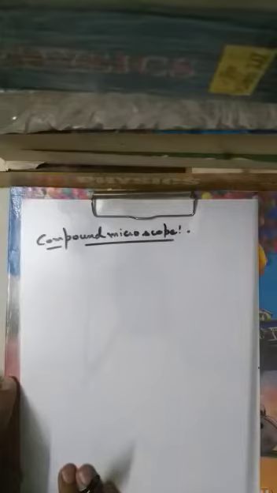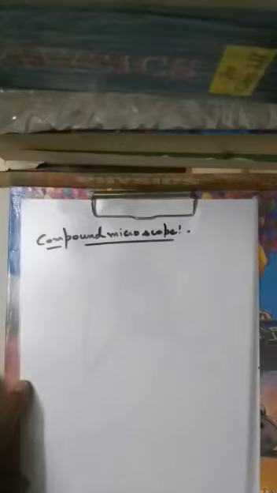Compound microscope is an optical device which is used to magnify the image of tiny objects. It can magnify an object 1000 times.